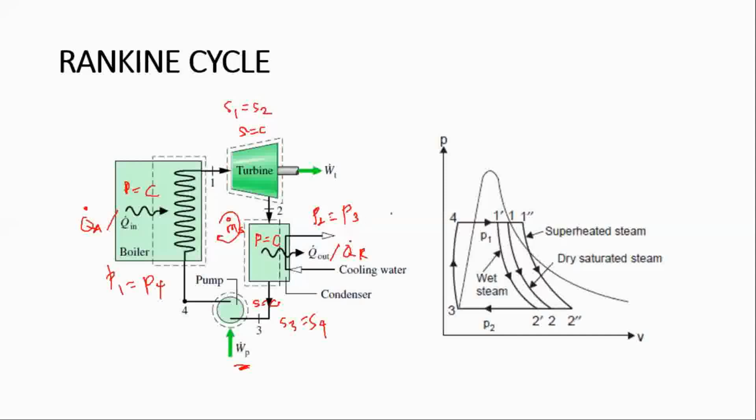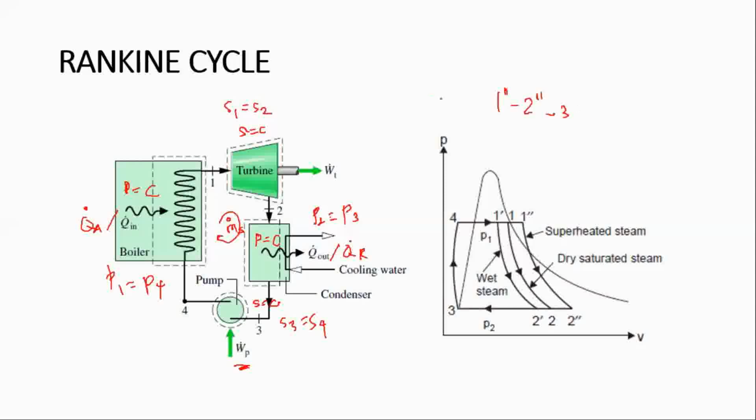Now, if we plot natin yan sa PV diagram, so ito yung ating saturation dome. Itong curve na to. So, at point 1, ideally, ano ang process natin dito? Kasi ang daming 1. So, ang process po natin dyan ay yung 1 double prime, 2 double prime, then 3, then 4.